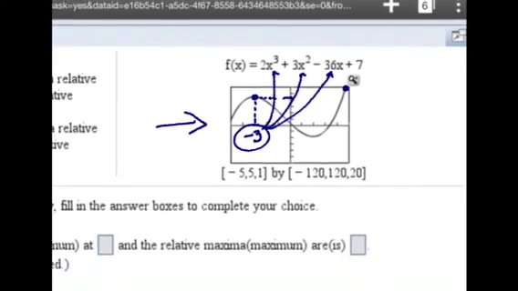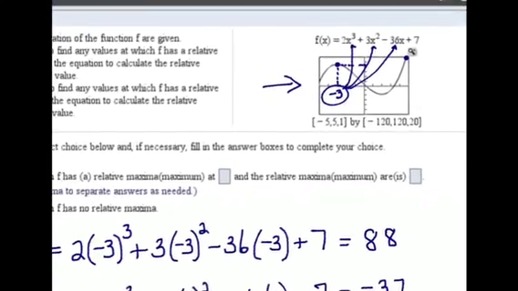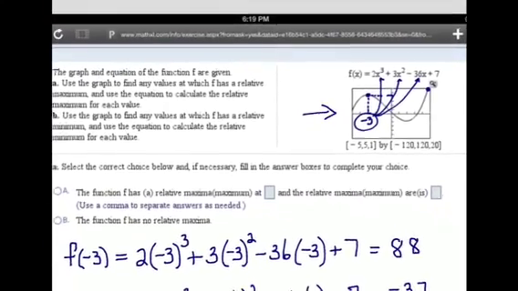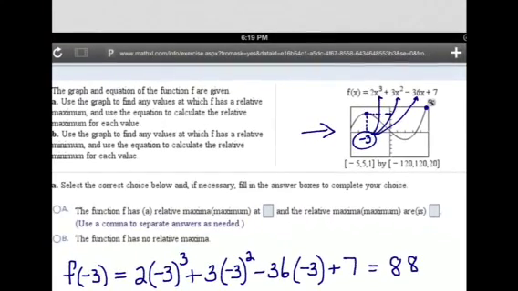So let's do that. And I've already worked it out here. Okay, so we have f of -3 equals 2 times the quantity -3 cubed plus 3 times the quantity -3 squared minus 36 times -3 plus 7. And when you put that into your calculator, you get 88 as an answer.